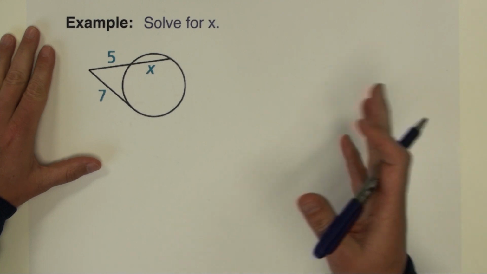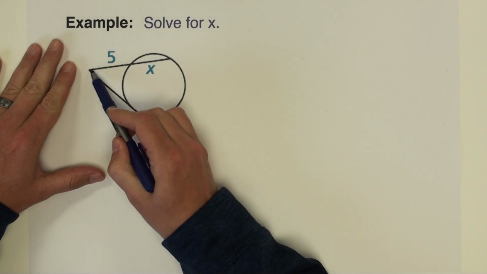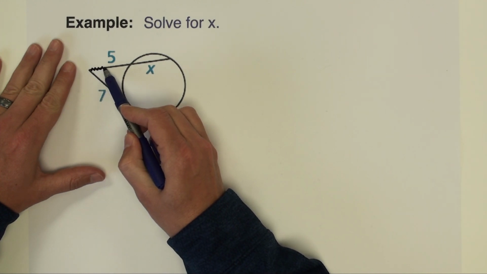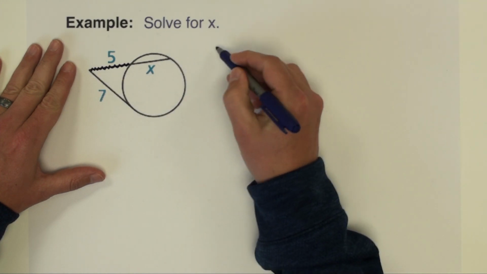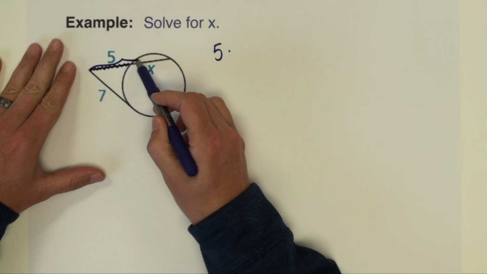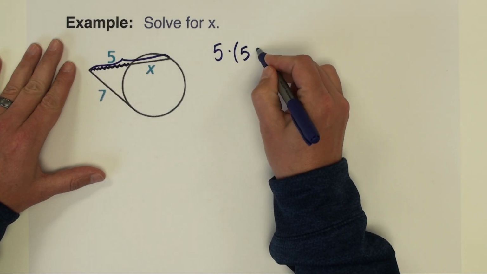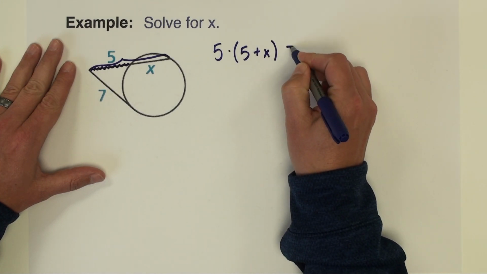Okay, time for our final example problem. I'm going to begin this one on the top secant segment. I'm going to take the outside piece, which is 5. I'm going to multiply that by the length of the entire thing, which is 5 and x put together, 5 plus x.